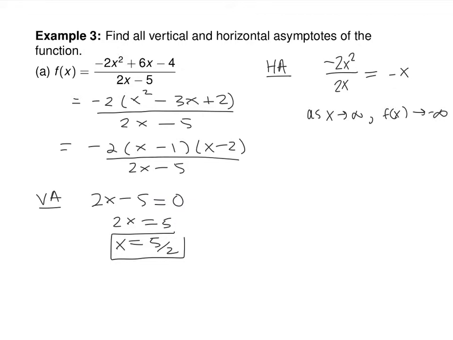Plugging numbers into that is the same as plugging numbers into this for really big numbers. So if we plug in big numbers, you get a big number made negative, right? And as x goes to negative infinity, it's going to go to positive infinity. When that happens, there are no horizontal asymptotes.